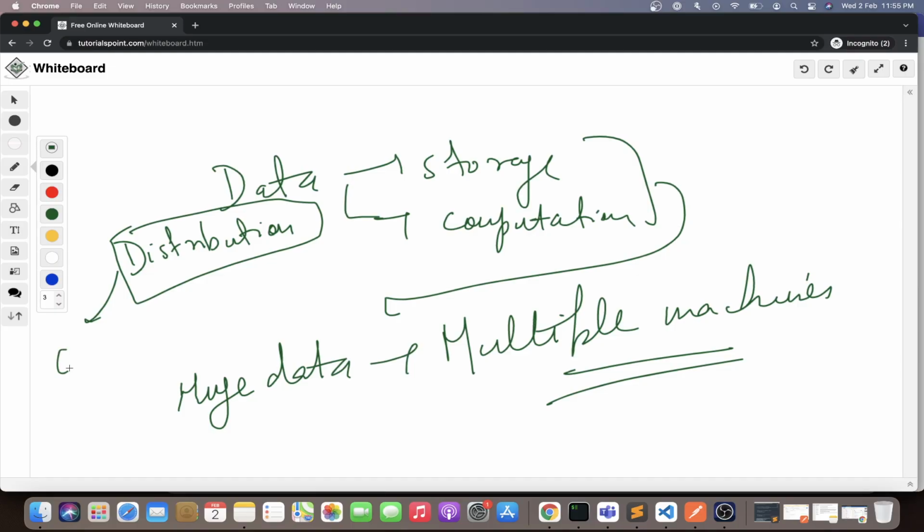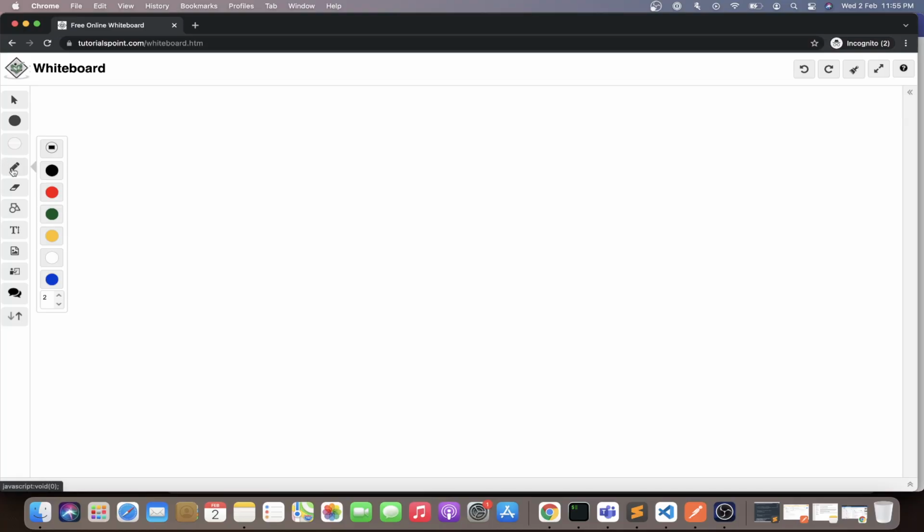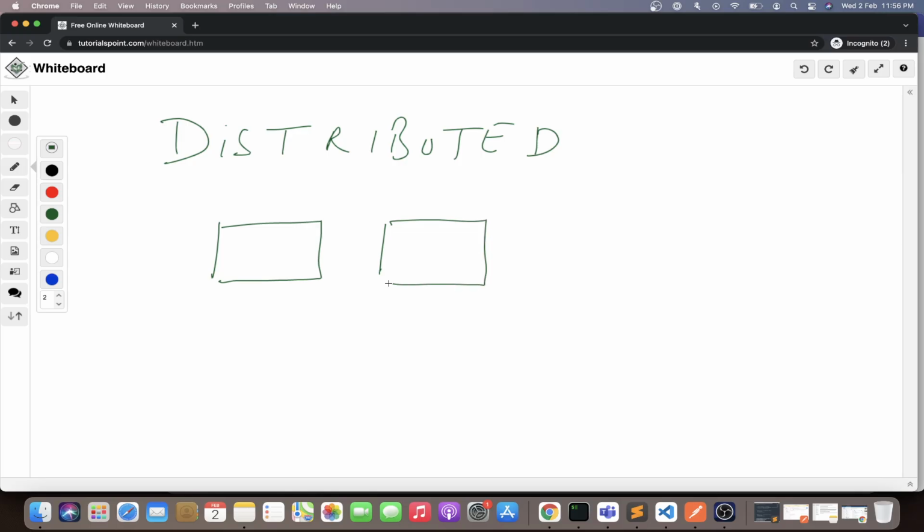So a distributed system is nothing but a collection of multiple individual systems. Basically, what a distributed system looks like, I'll just draw a quick diagram for that.